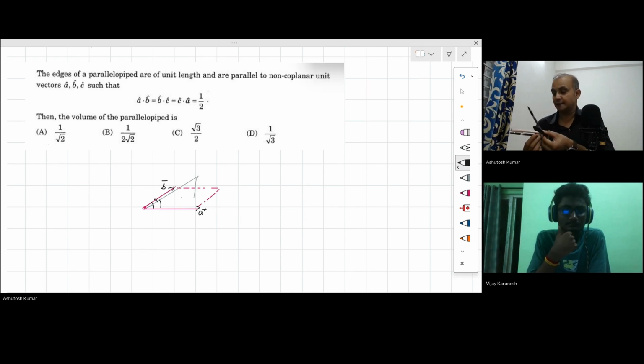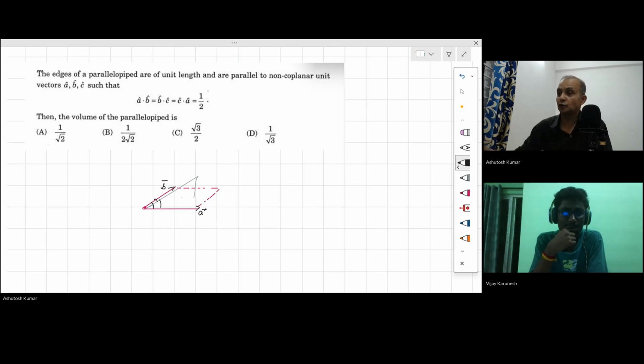So this can be thought of as the bisector, and the angle made by the bisector and the vector C will give you the angle between them. Correct or not? So if you know this angle, then we can find it.